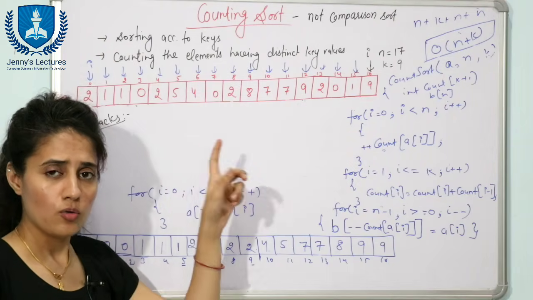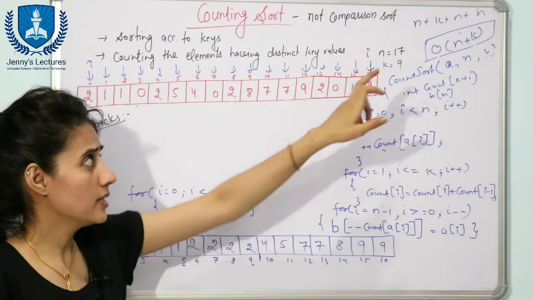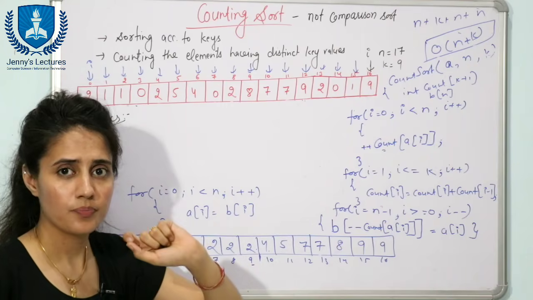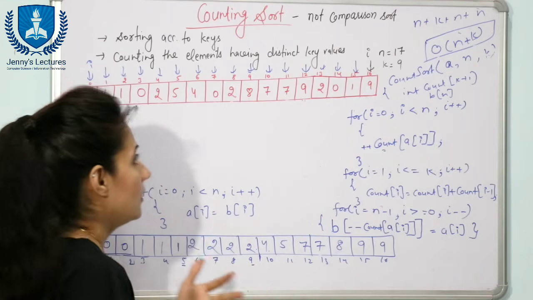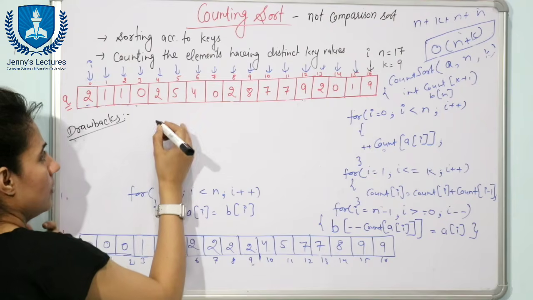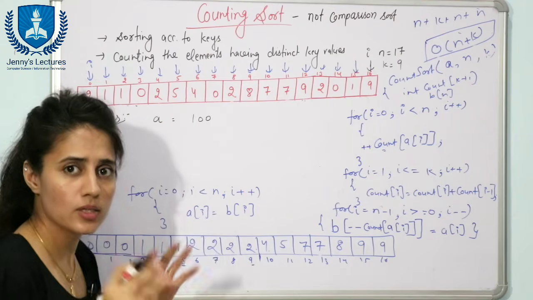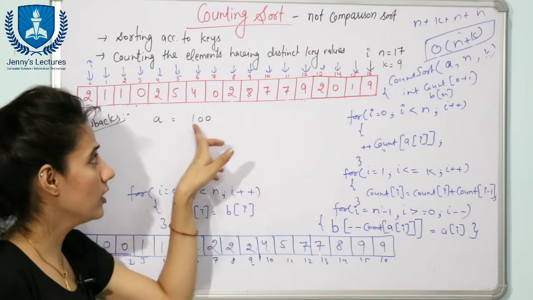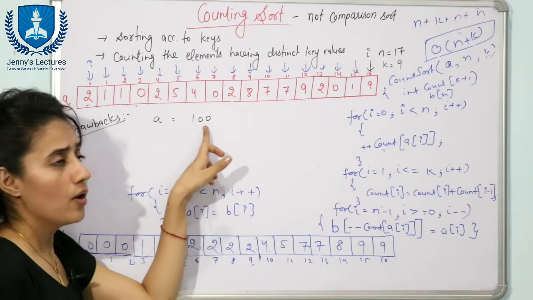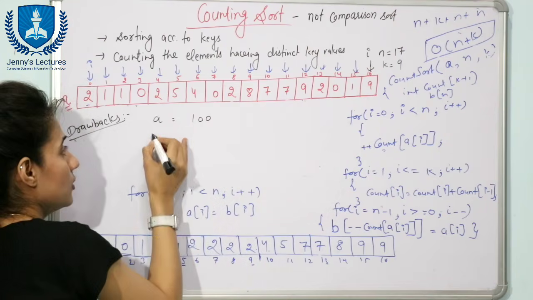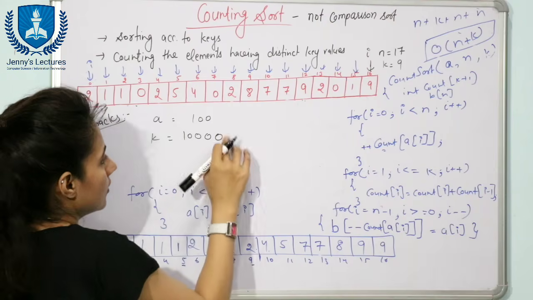One drawback of this count sort algorithm is that this k value should be feasible. What does that mean? Let us suppose you are taking an array A and having 100 elements in the array, and let us suppose the k value is 10,000.